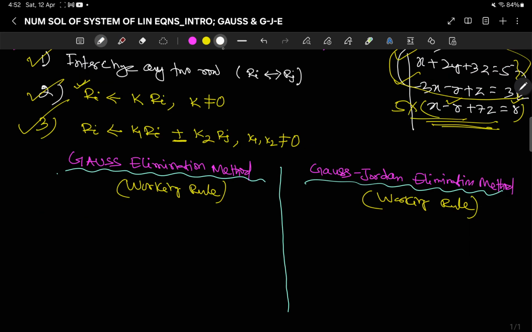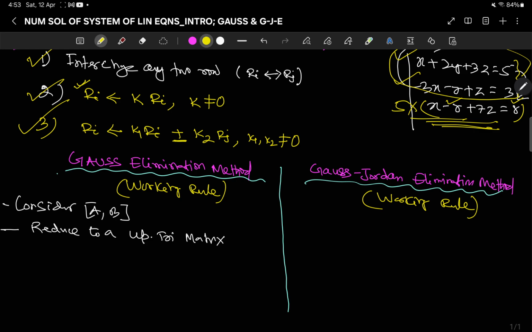Now coming to the working rule of these two methods, Gauss elimination method and Gauss-Jordan elimination method. We consider the augmented matrix AB. Then we reduce this to an upper triangular matrix.